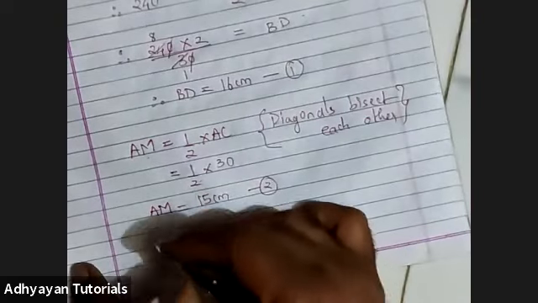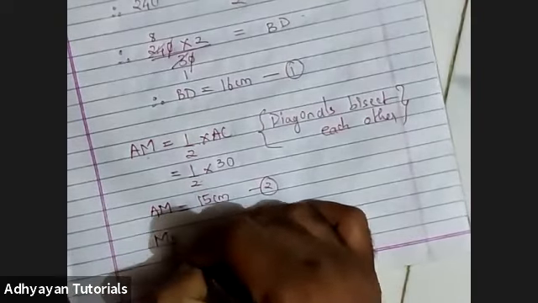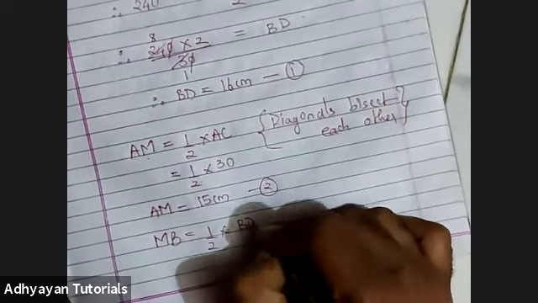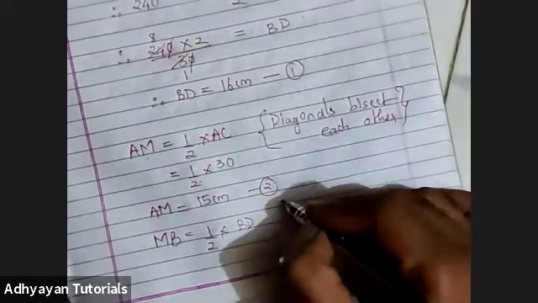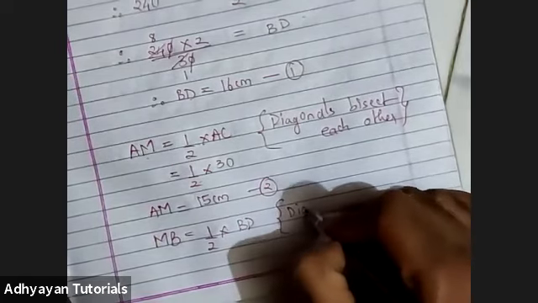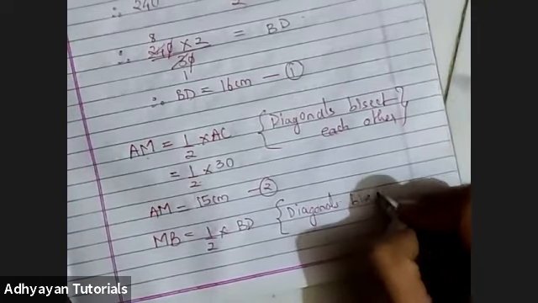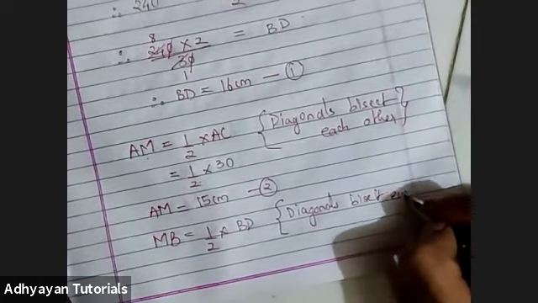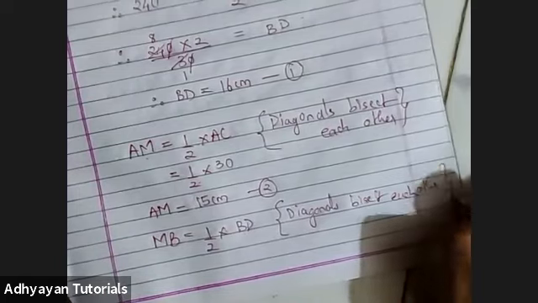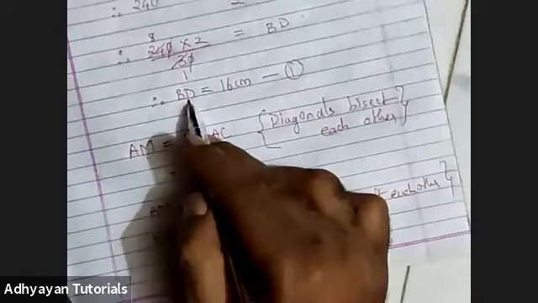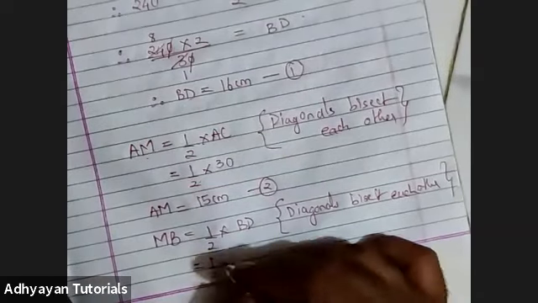So here MB is nothing but half of BD. The same reason we have to write it again: diagonals bisect each other, right? Now, half of BD. BD का value we all know it is nothing but 16 centimeters.